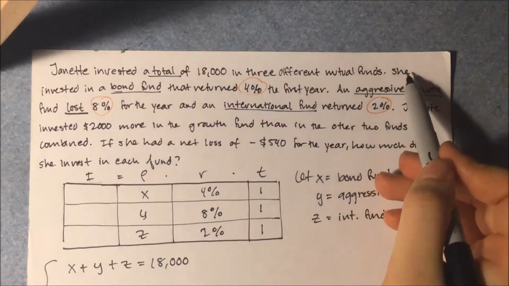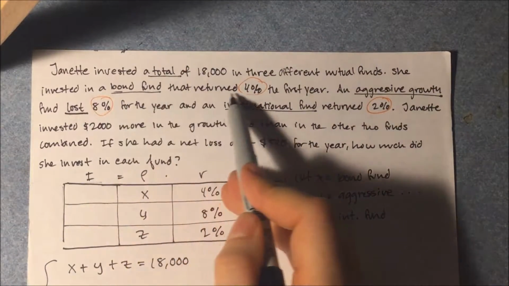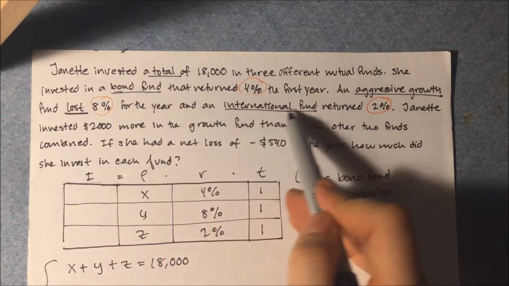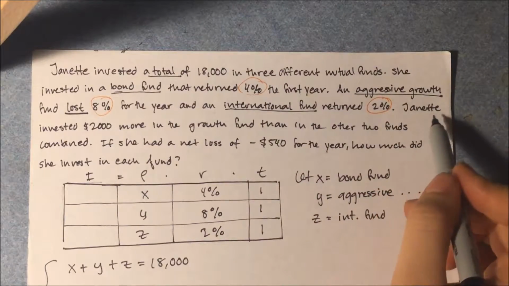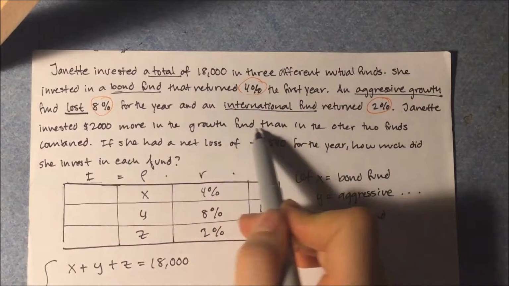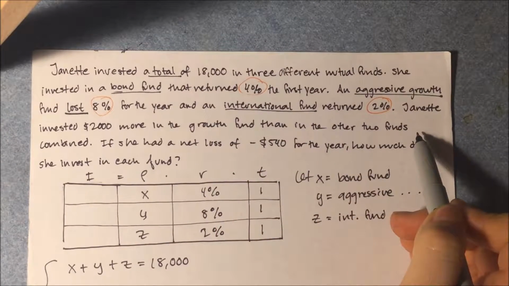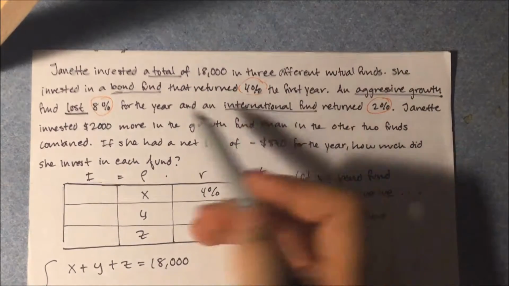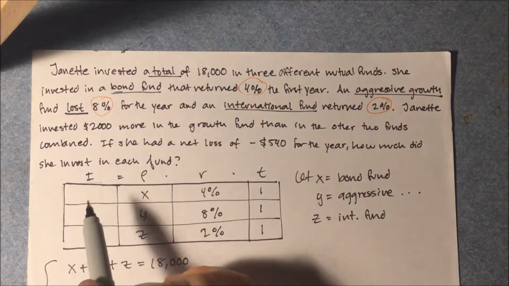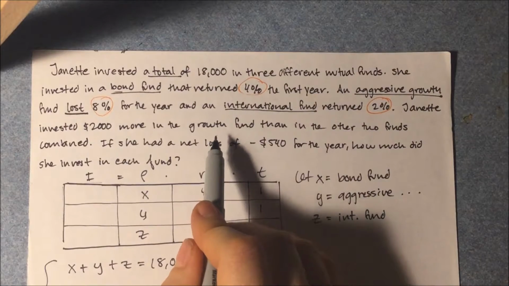So let's read this. She invested in a bond fund that returned $4,000 for the first year, an aggressive growth fund that lost this much for the year, nothing much there. Jeanette invested $2,000 more in the growth fund than the other 2 funds.